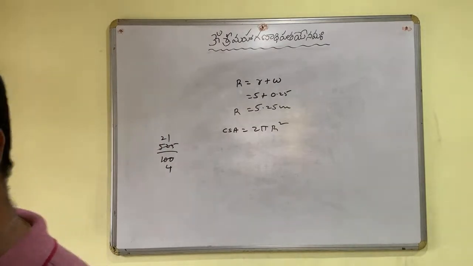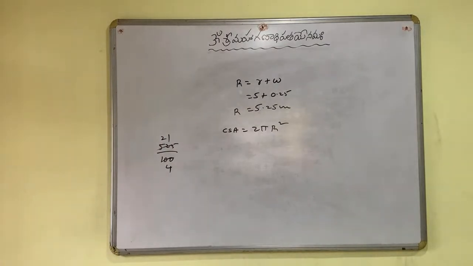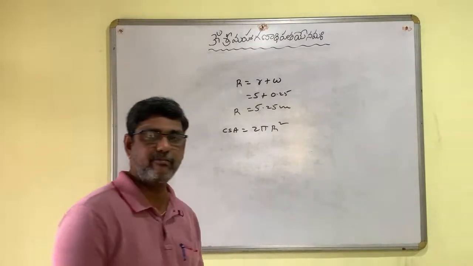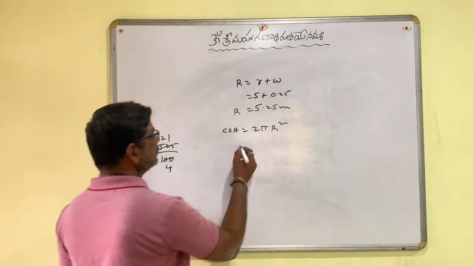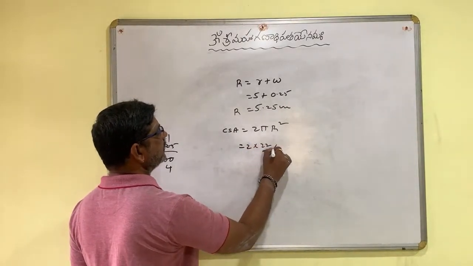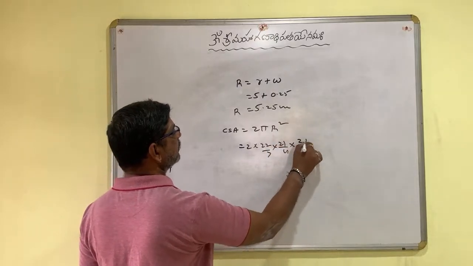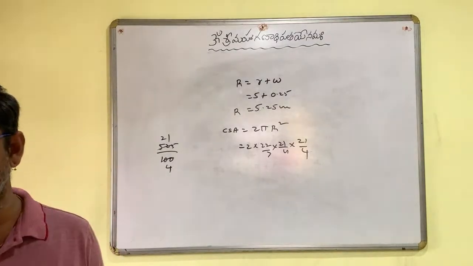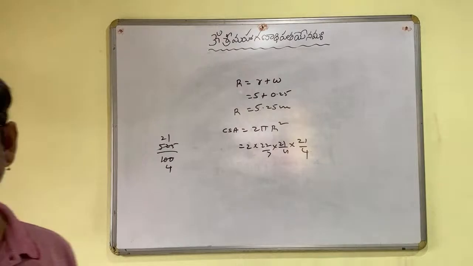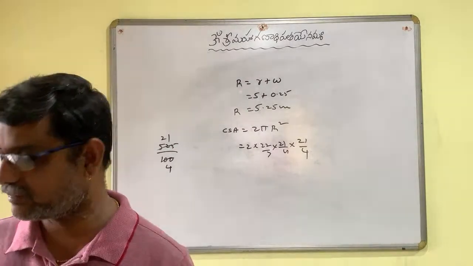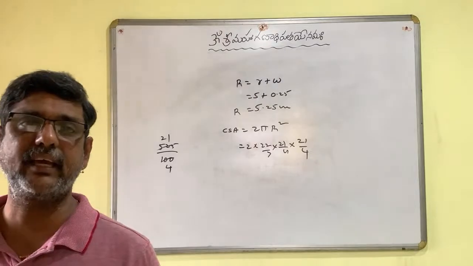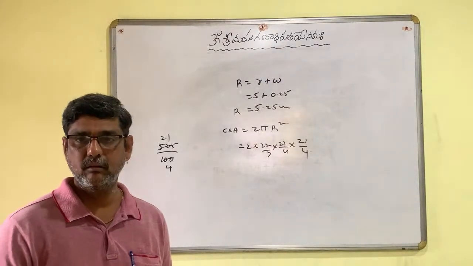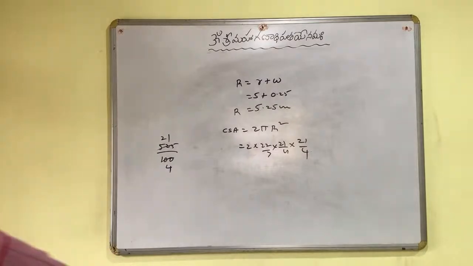Understand, children? 525 by 100 is nothing but 21 by 4. So 2 into 22 by 7 into 21 by 4 into 21 by 4. Simplify this one, and we'll get the outer surface area of the bowl. Okay?